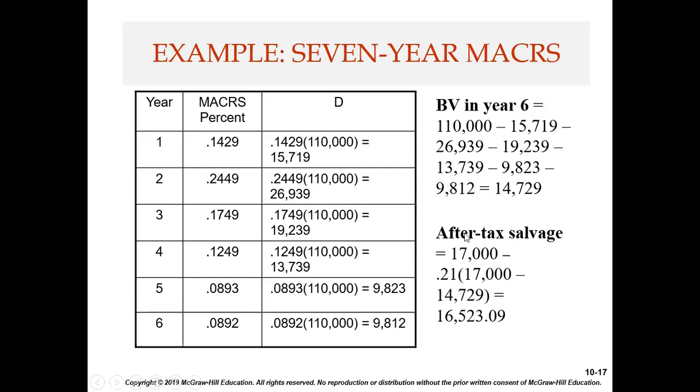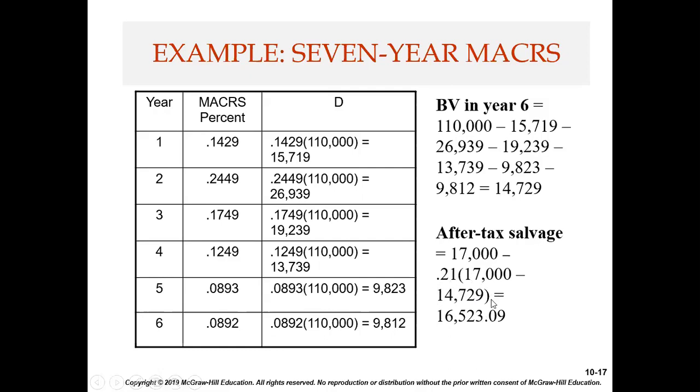So what this is saying is, if you get a full tax advantage, then all the money you get when you get rid of that asset should be taxed. But since you didn't depreciate or expense this asset all the way to 0, we're not going to have you pay tax on all $17,000 that you receive.